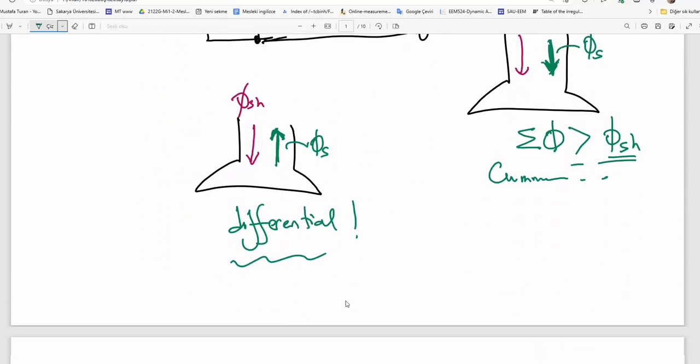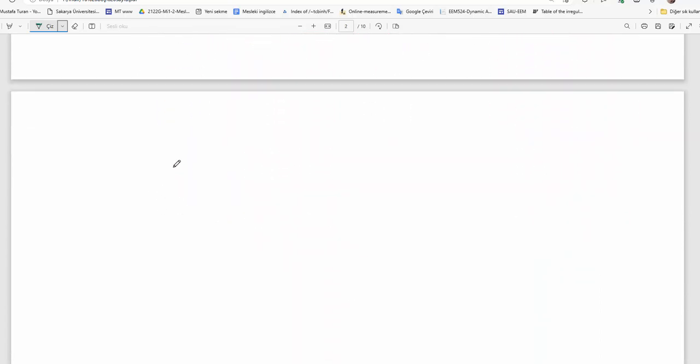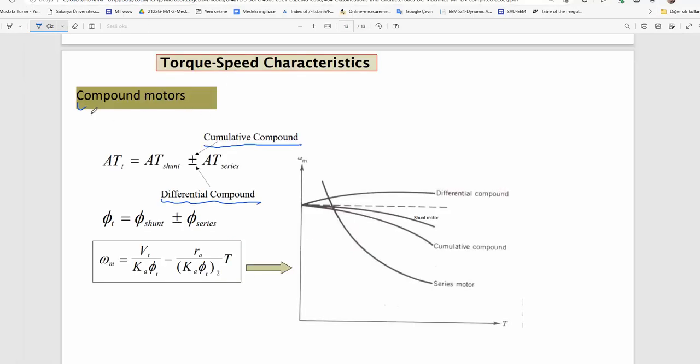So we discuss terminal characteristics and speed torque curves. As you understand, that is a mixture of shunt and series motor. Remember, that was the series one.